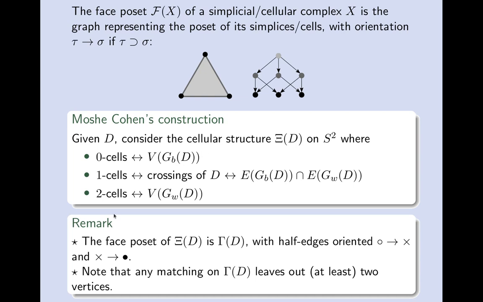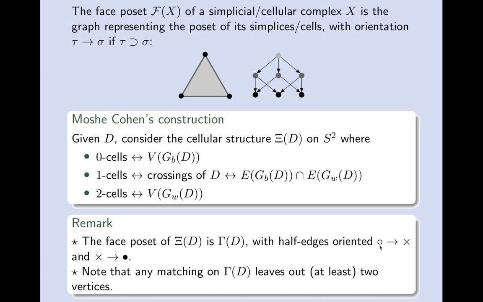So the crucial remark here is that the face poset, the directed graph of this decomposition induced from a given knot projection, coincides precisely with the Tait graph for D. Of course, the Tait graph does not come with an orientation naturally, so we can just give a canonical one, in such a way that it is consistent with being the face poset of this specific cellular structure.